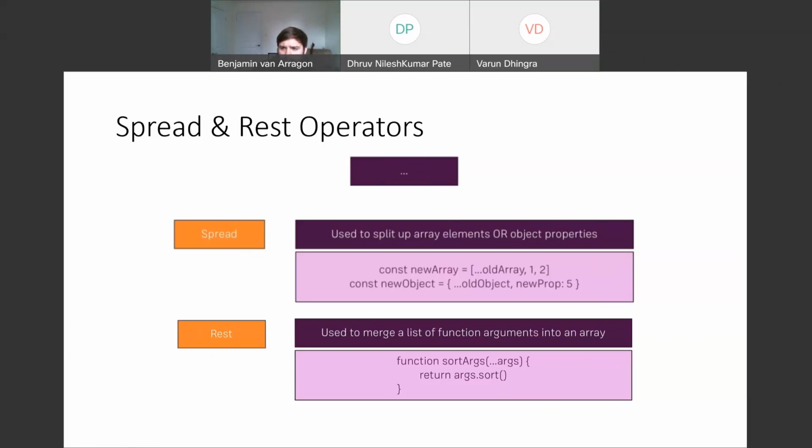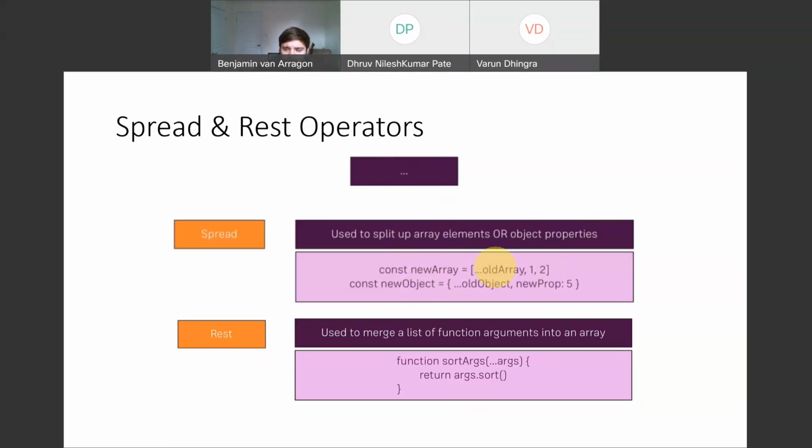The spread operator, when it's used on an array, splits up the array elements. We can also use it on an object, and it splits up the object properties. This may look a little confusing: dot, dot, dot, old array, and then 1 and then 2.